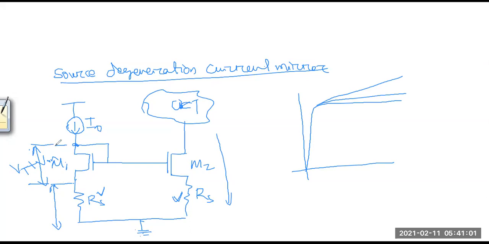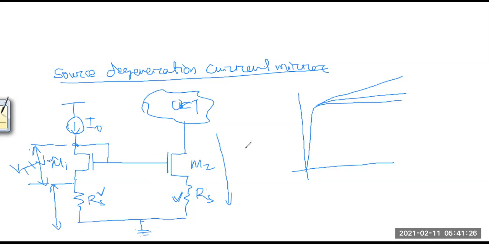So overall headroom will increase. If you increase the resistance, then again 0.2 volt will drop here, so overall this will increase the headroom. So there are two, three problems. First, area increases, headroom increases, noise increases, but we get the output impedance higher.